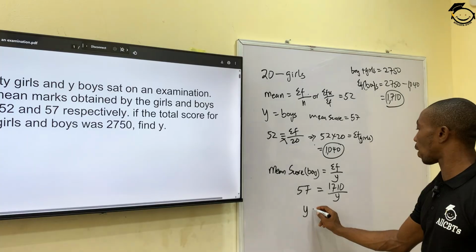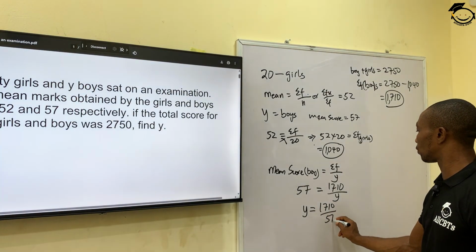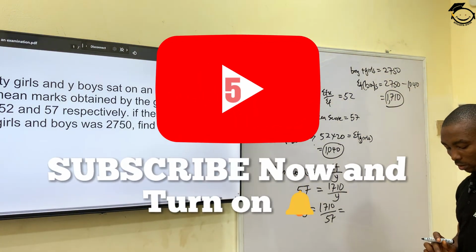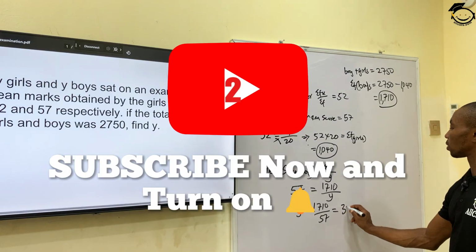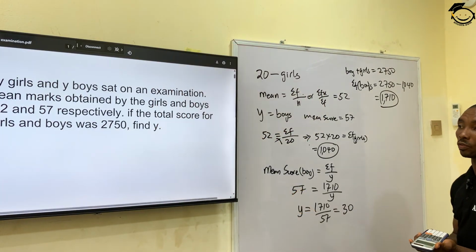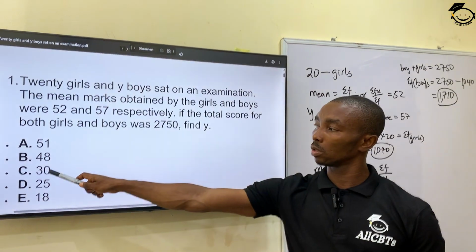So y will become 1,710 divided by 57, which will give us 30. So in the examination, 30 boys sat for the examination, which is option C.